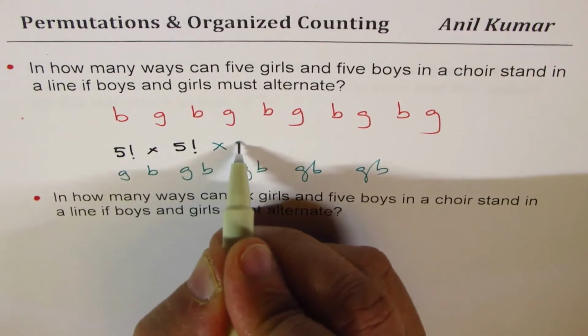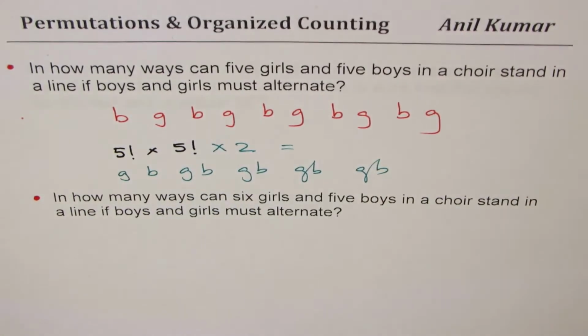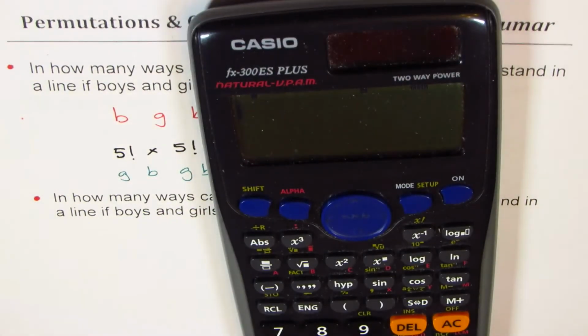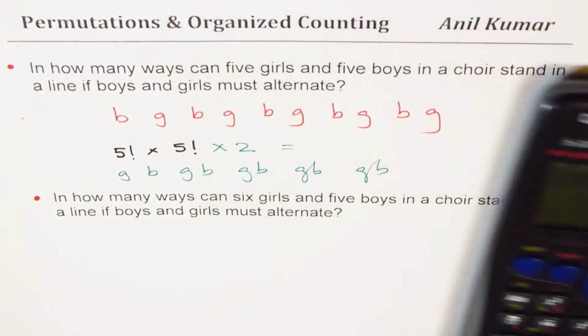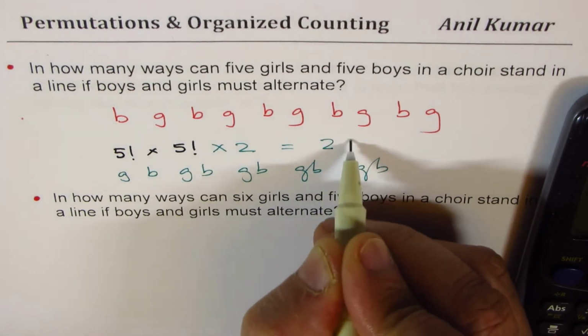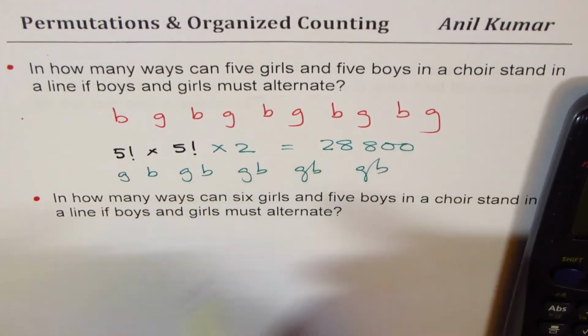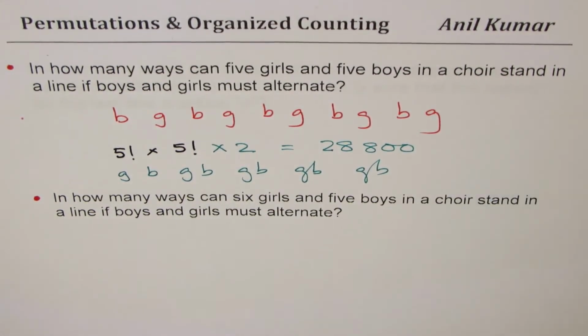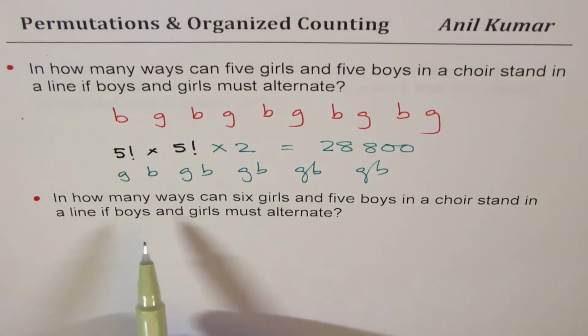So that means times 2. So that becomes the answer for this particular part. So let's figure this out. So we have 5 factorial times 5 factorial times 2 equals 28,800. So the answer is 28,800.